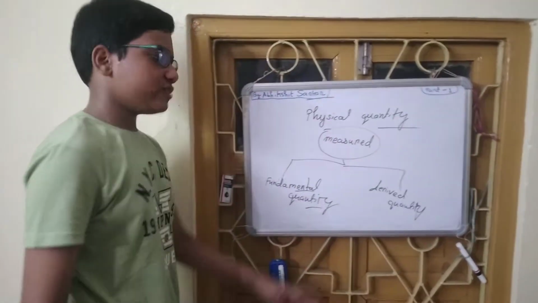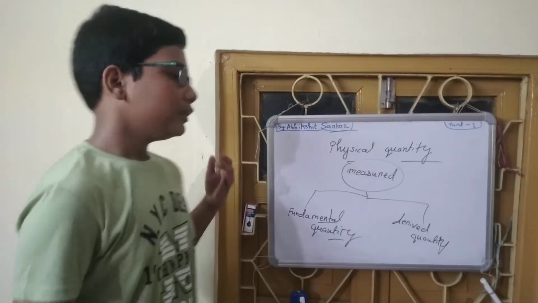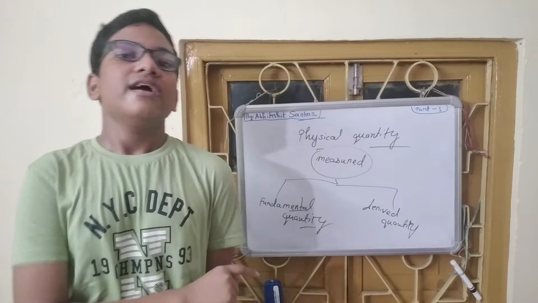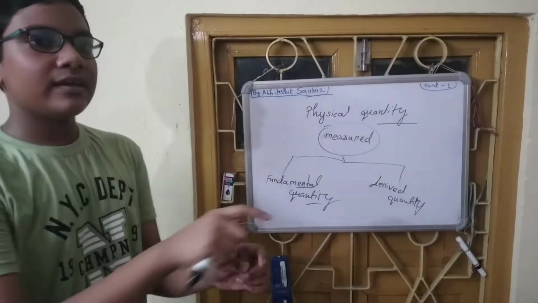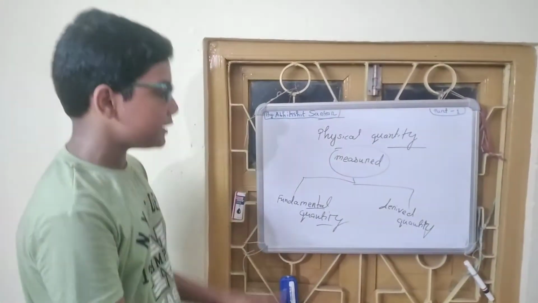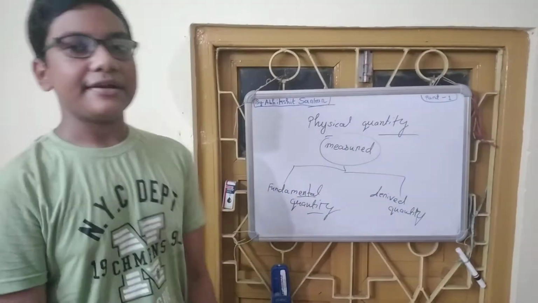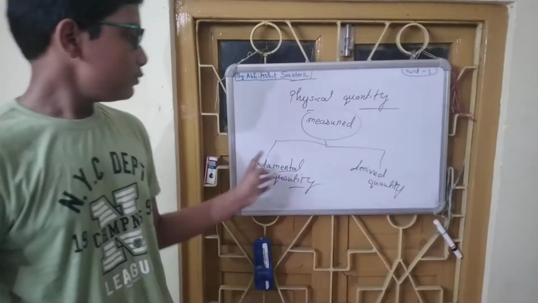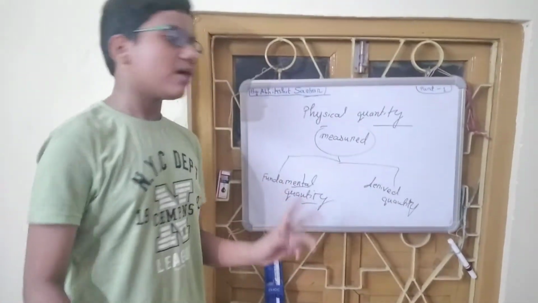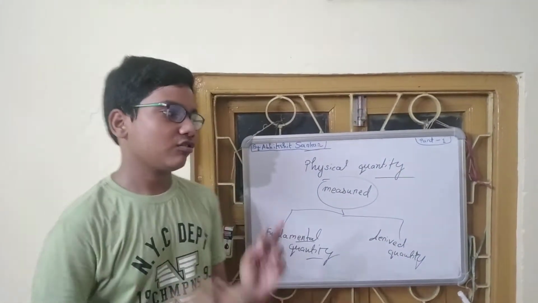What is the scientific definition of fundamental quantity? The quantity that can be measured and is not related to another fundamental or derived quantity is known as a fundamental quantity. The parameters that are fundamental quantities are length, mass, time, and temperature.